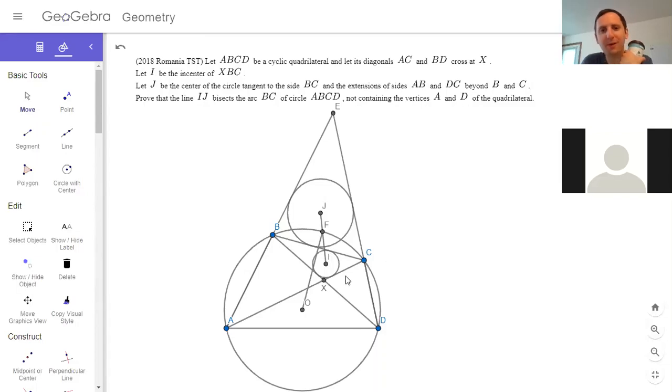Yeah, this is such an interesting problem. It's like a cyclic quadrilateral, then you have two in-centers that cut the circle at the midpoint. It's so random, but it's interesting. Not even sure how to begin here.